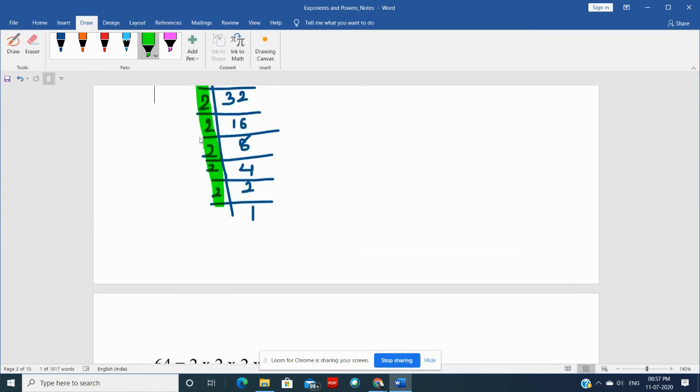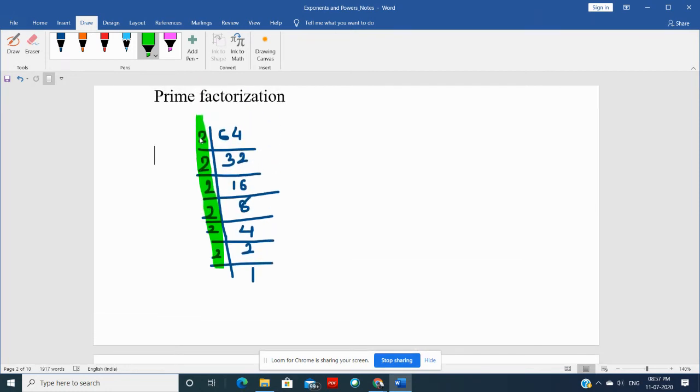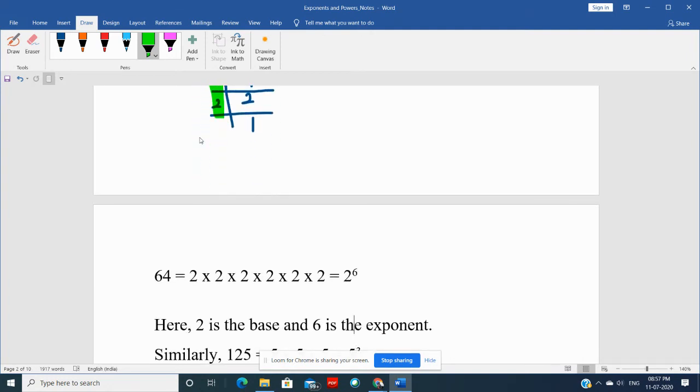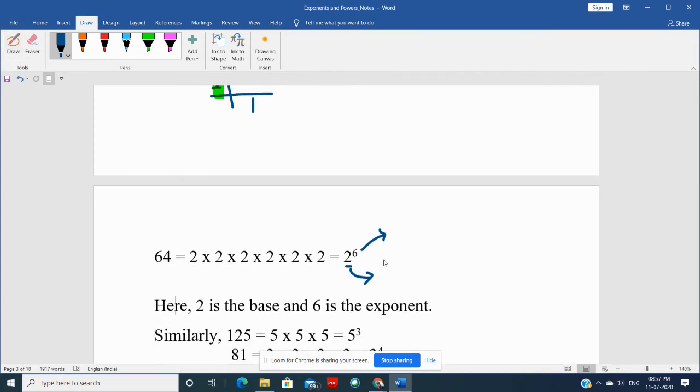How many times does 2 come? 1, 2, 3, 4, 5, 6. 6 times. So 6 becomes your power and 2 becomes your base. Just for your understanding, 2 is the base and 6 is the power.